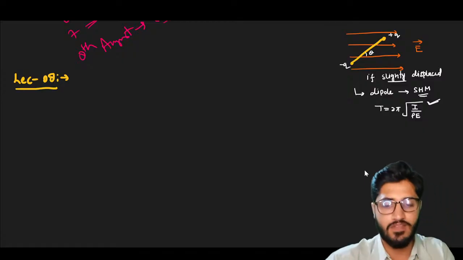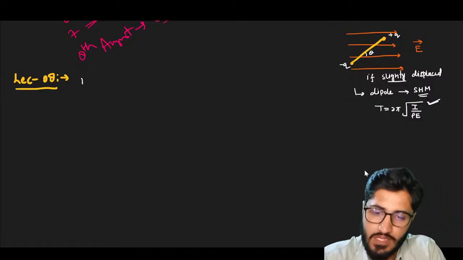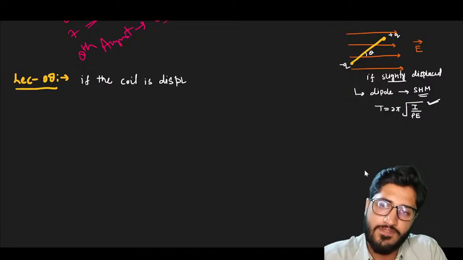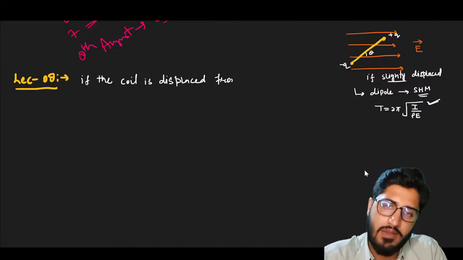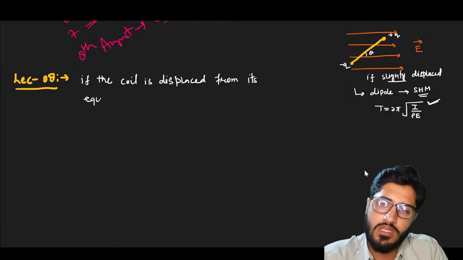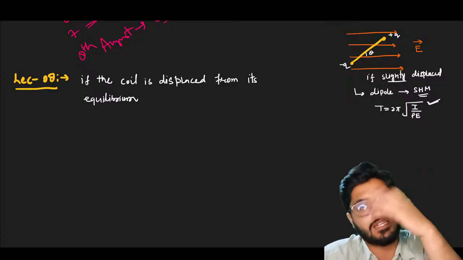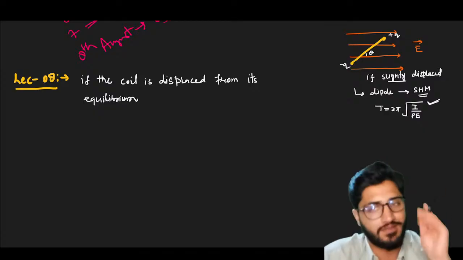In the same way, if the coil is slightly displaced from its equilibrium position, and what is the equilibrium position? Yesterday we concluded it: 0 degree and 180 degree.